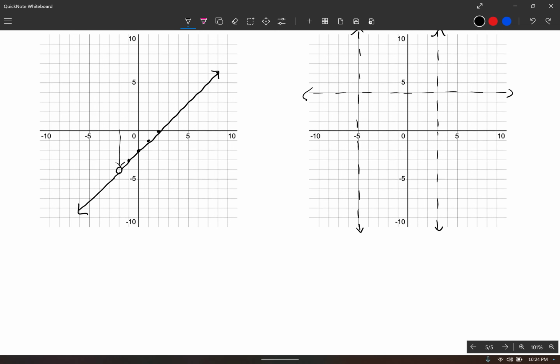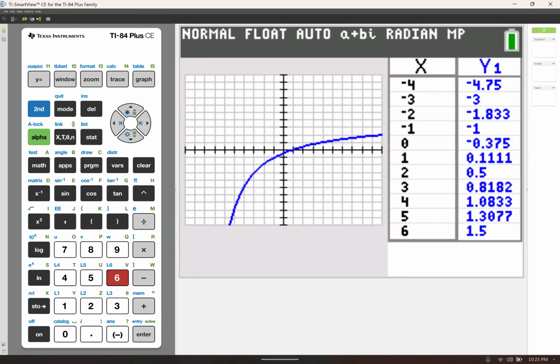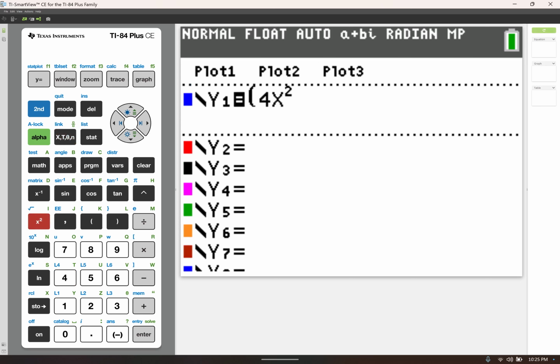So that would be negative 1.5 and positive 1.5. All right, now I need to go to my calculator, plug this in, and get some points where I can plot these. So we have 4x squared minus 9 divided by x squared plus 2x minus 15.